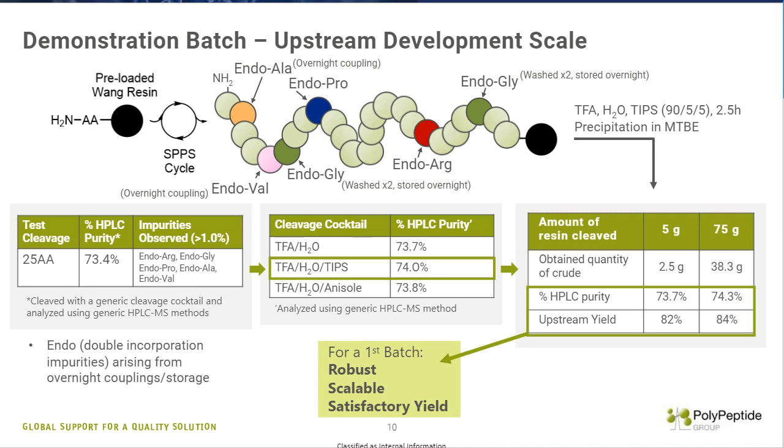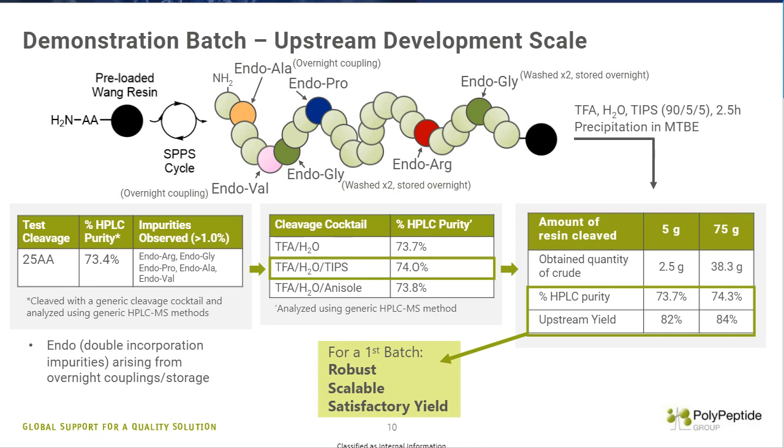As you can see here on the right-hand side, in terms of HPLC purity, we have largely similar results from our initial 100 milligram scale, in terms of purity and also in terms of yield. So you can see that for this cleavage step, we have a quite robust and scalable process step. And for our first batch, we are quite happy with this part.